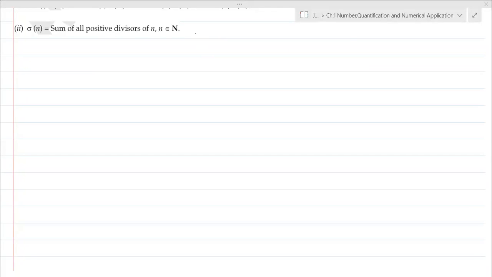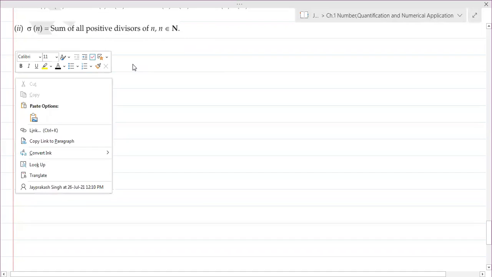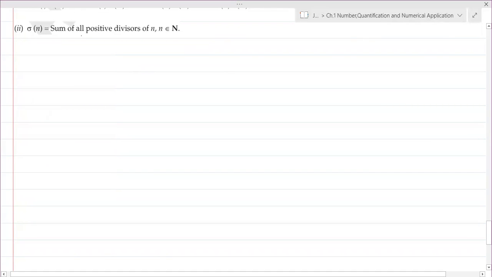So if we talk about the sigma function, we have already discussed that an arithmetic function is based on the positive divisors of a given number. According to the definition, the sigma function is the sum of all positive divisors of n.